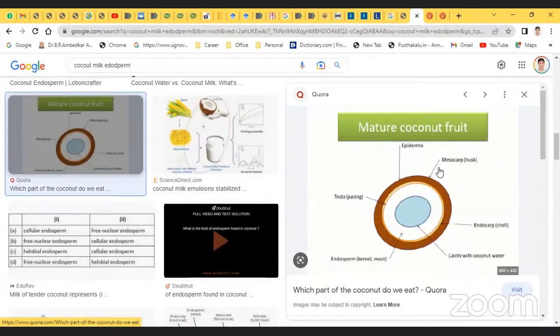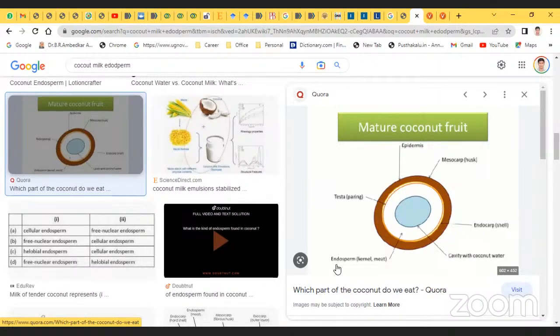So this is the mature coconut fruit. The mesocarp is like husk in the upper part, with the epidermis. And the endocarp is the shell. Then there is a cavity with coconut water. This is the coconut water, and this is the endosperm, like coconut meat, white in color.